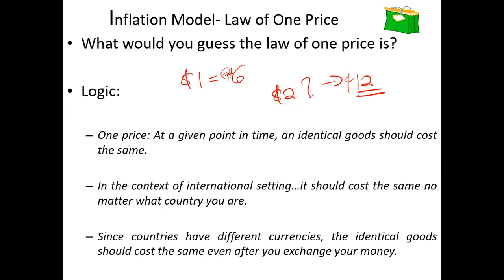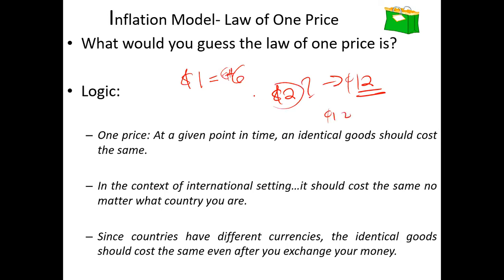That is the law of one price. It says that at any given point in time, an identical good should cost the same if we measure it in a common currency. So if we measure this $2 in cedis, it will be 12 cedis.